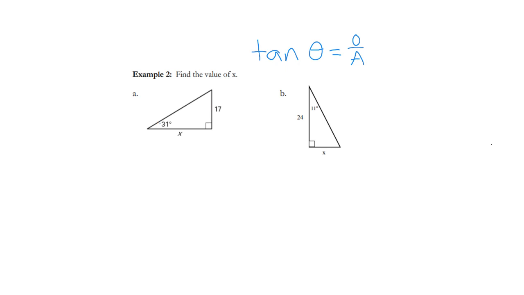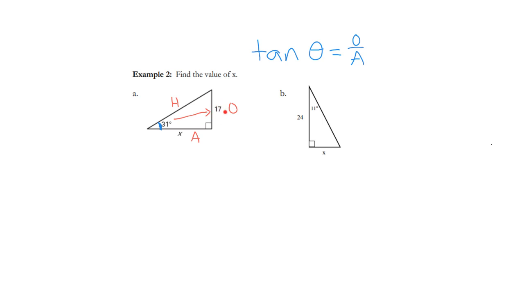Well, if this is our 31-degree angle, we're going to use that as our reference angle. Since it's written in the diagram, we know that angle is 31. Based on that angle, let's label our sides. We know across from the right angle is our hypotenuse. Across from our reference angle is our opposite side, and the remaining side is our adjacent side.